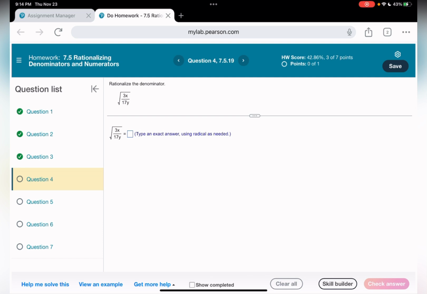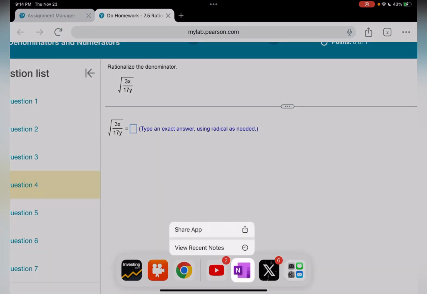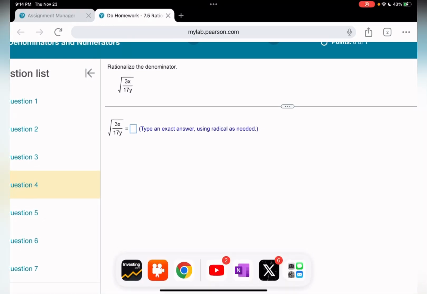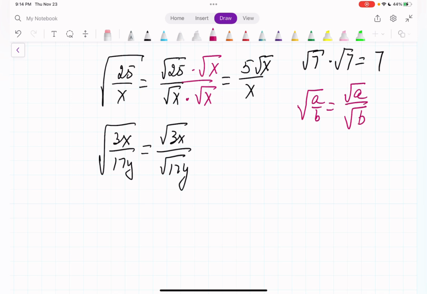Okay, so I can separate square root 3x divided by square root 17y. So I need to multiply and divide, right? Square root of 3x times square root of 17y. First of all, I'm separating. Next, times square root 17y on the top and bottom.